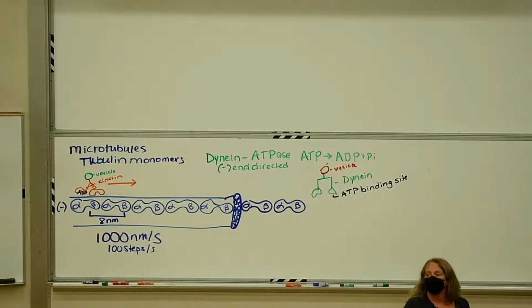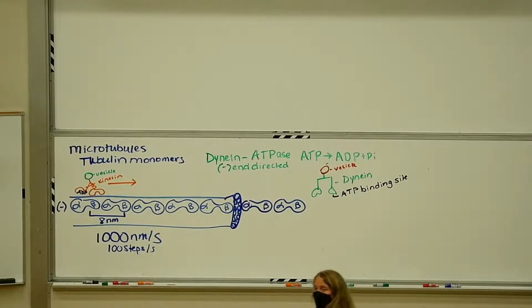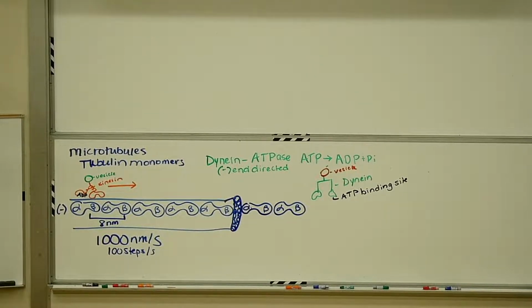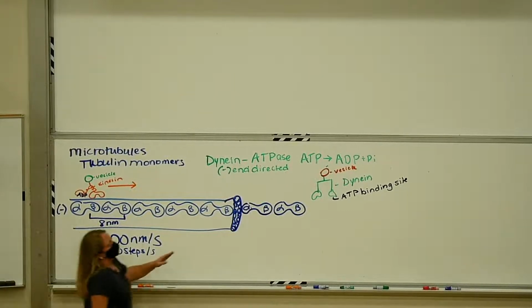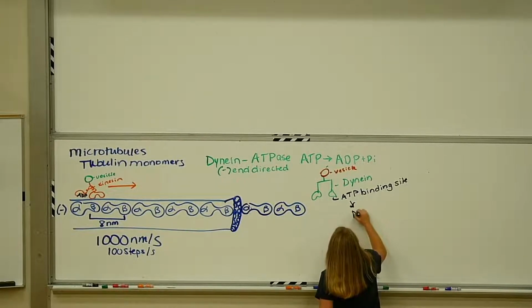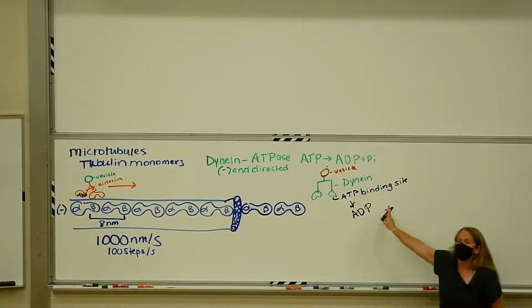Any other questions? Yes. Does it use the ATP as energy, turning it into ADP? Is that why it changes to be able to take that step? Ask it one more time. So does the little binding site use the ATP as energy and then change it into ADP so that it can move? So the question is about using the ATP for energy. When you cut ATP into ADP, you release a lot of energy from that bond that you cut.